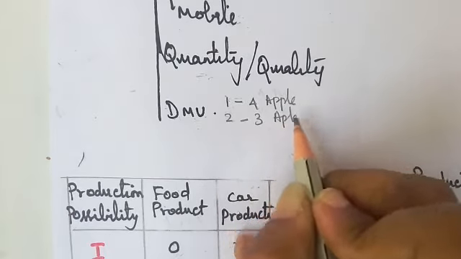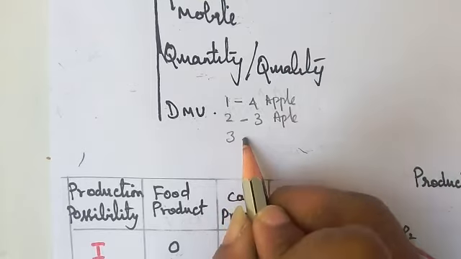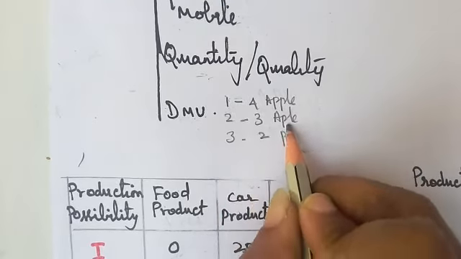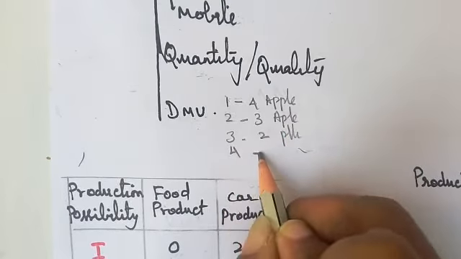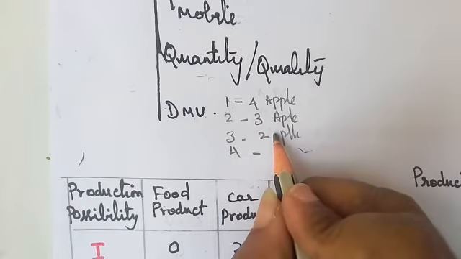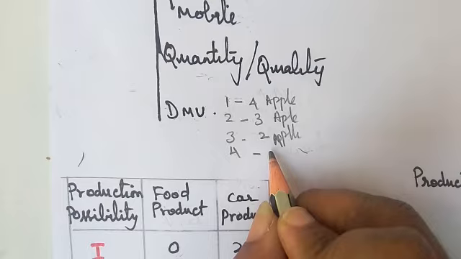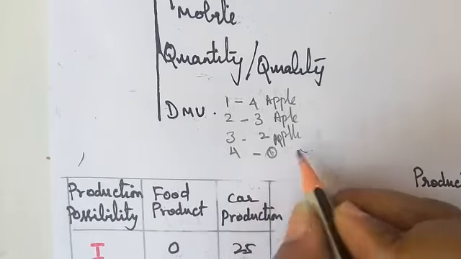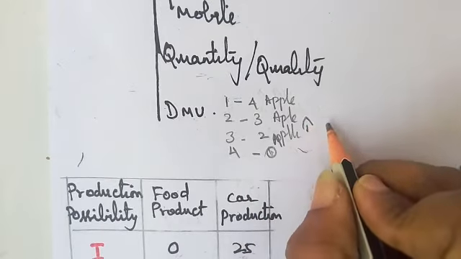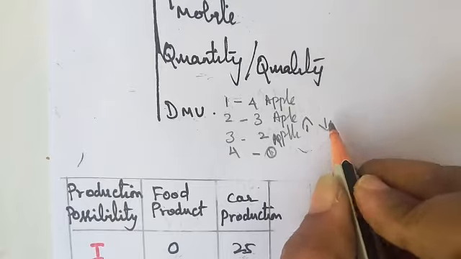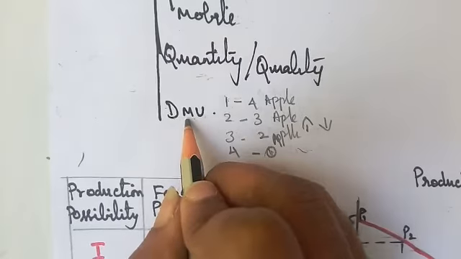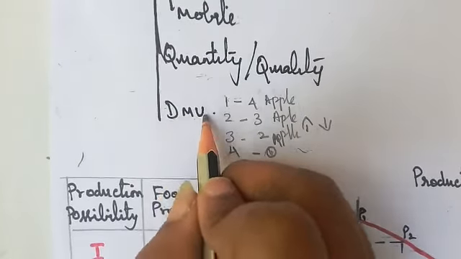The third time I will eat only 2 apples. The fourth time I'll say no, it's enough for me. My wants will reduce. I'll say 0. So if I eat more and more, my wants will be reduced. That is what diminishing marginal utility is.